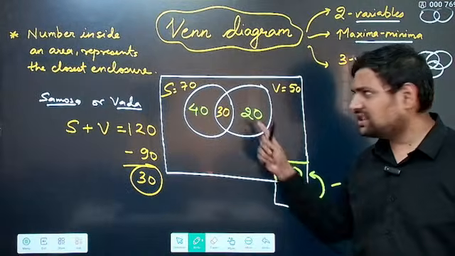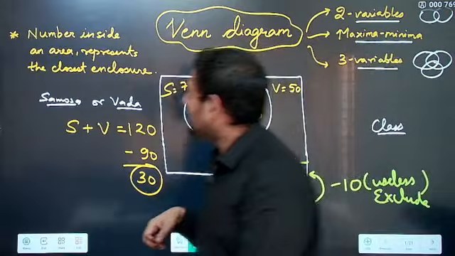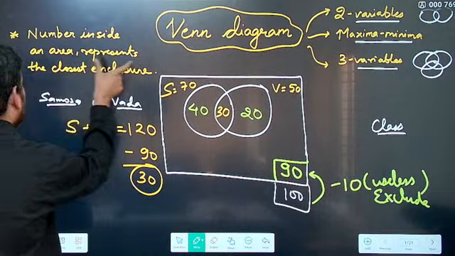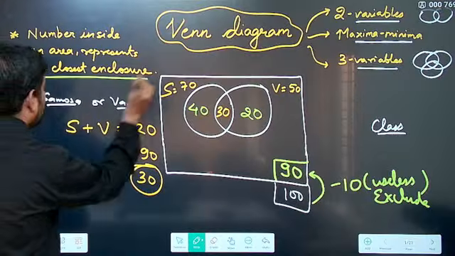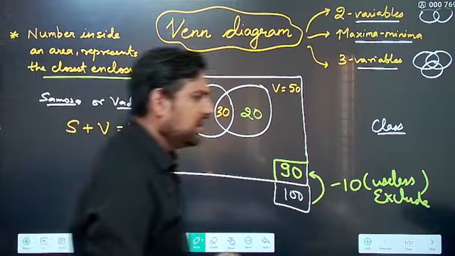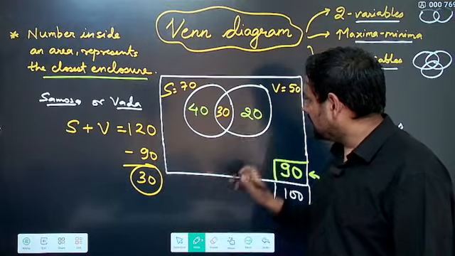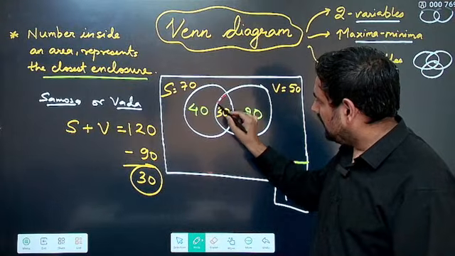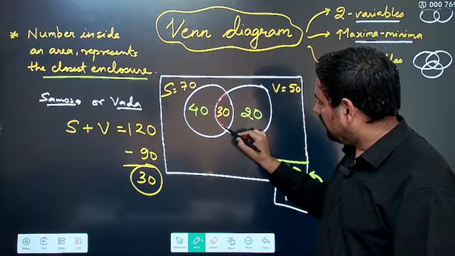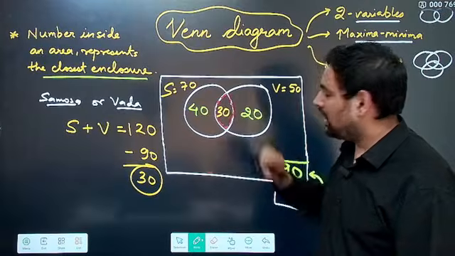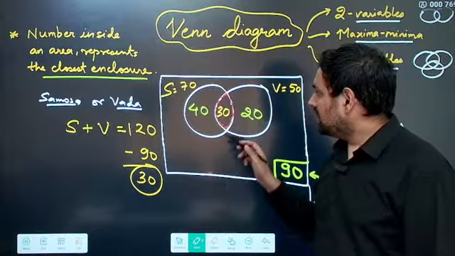Now, what do these numbers represent? Understand that the number inside an area represents the closest enclosure. What does this mean? Closest enclosure as in the number that I am writing here. For example, I wrote 30 here. So 30 represents the closest enclosure, that is, this part is represented by 30.